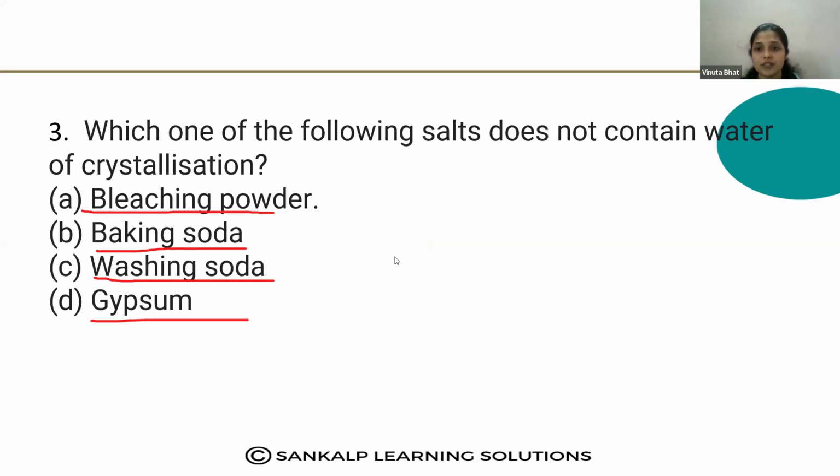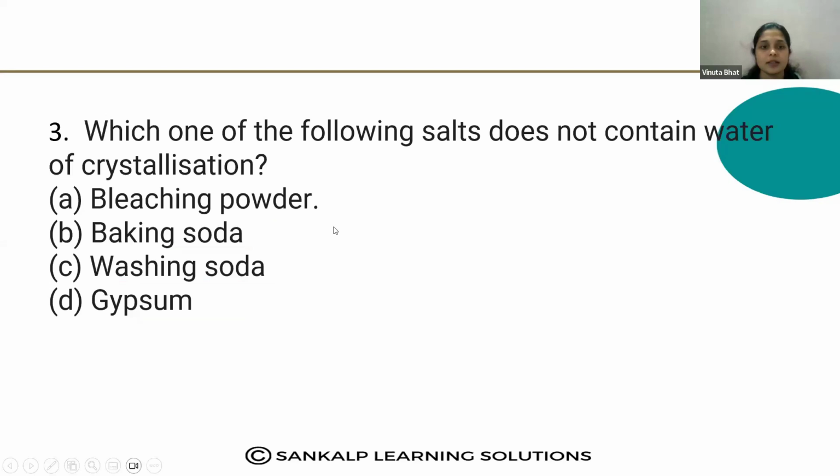Gypsum contains the water of crystallization, and washing soda also contains the water of crystallization. But baking soda and bleaching powder do not contain the water of crystallization. So here, baking soda does not contain the water of crystallization.